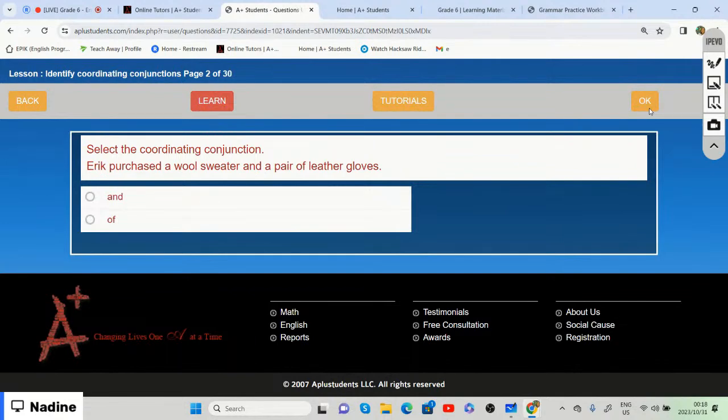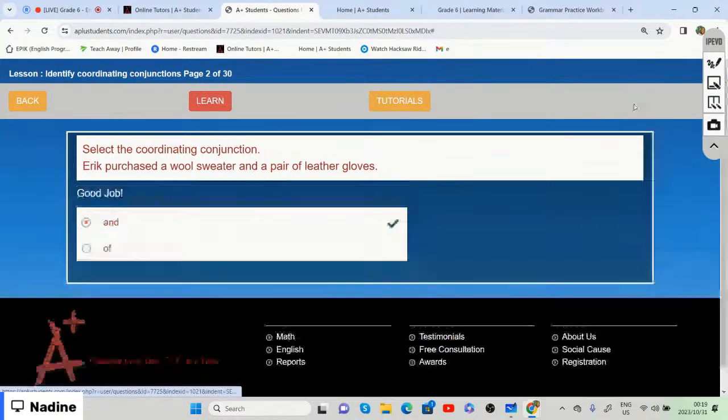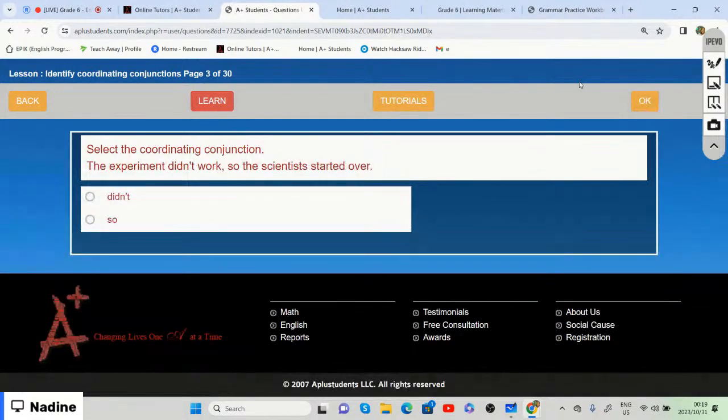All right, so if we select the coordinating conjunction, we can select "and," right? We select "and" to either join words, phrases, or simple sentences.